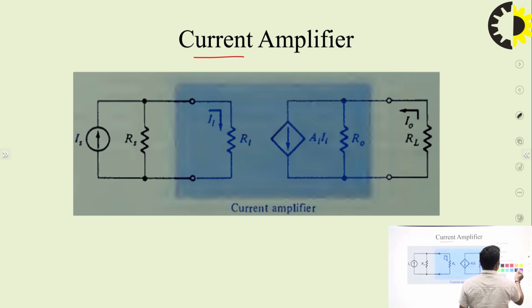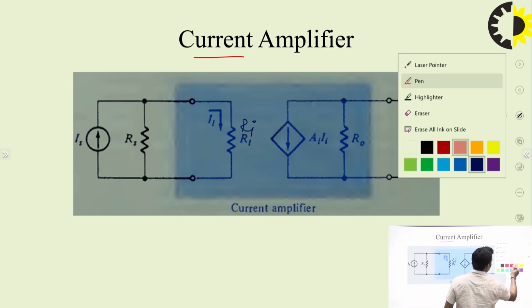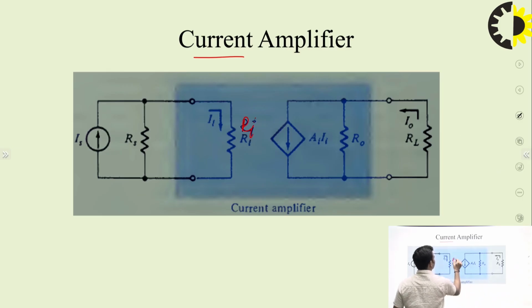So when can we get the maximum output current? This is Ri, the current which is flowing here is Ii, and this is Ai into Ii.